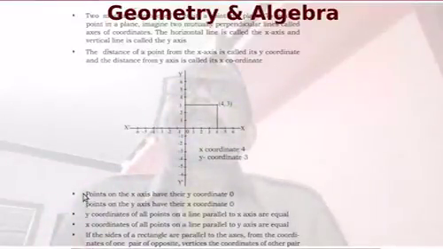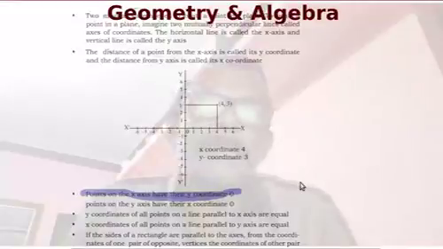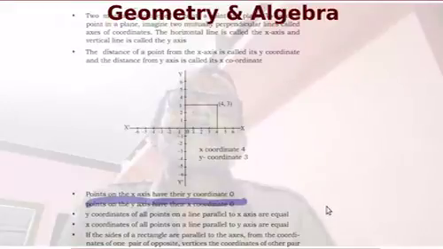Now there are some other properties we have learned. Points on the x axis have their y coordinate as 0. In the x axis, the y coordinates of all the points will be 0. Similarly, in the y axis, the x coordinates will be 0.